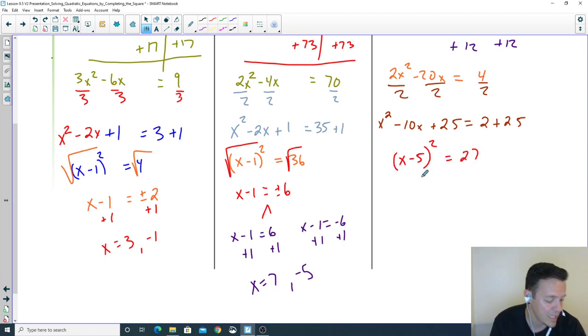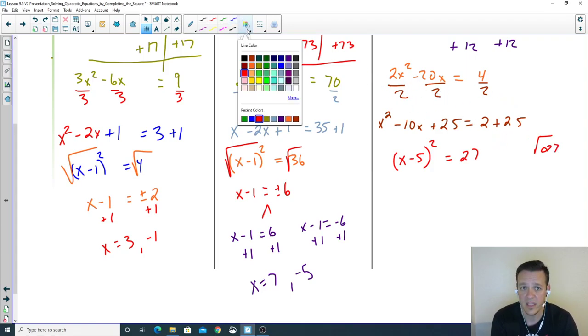Now here's our first little setup. When we do this one, it's not a perfect square, but if you take the square root of 27, you once again have to ask yourself, is there anything you can take out of that to simplify it? And the answer is yes.